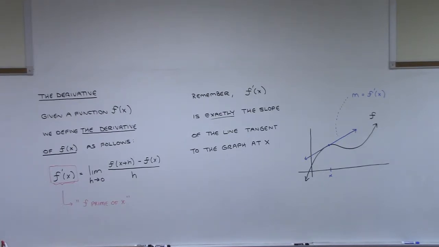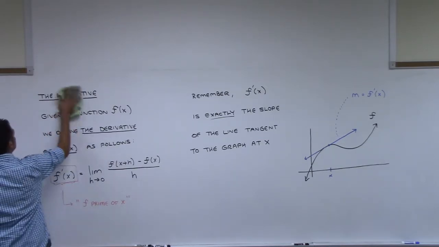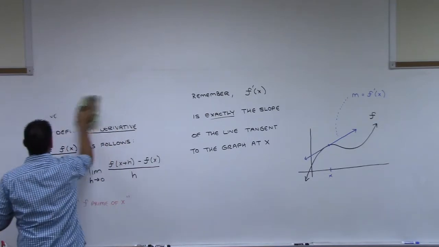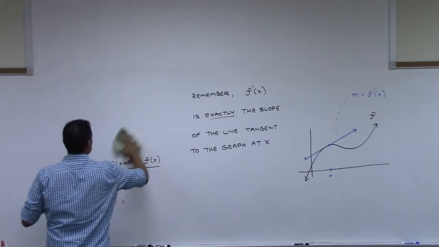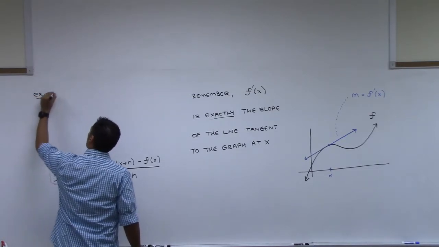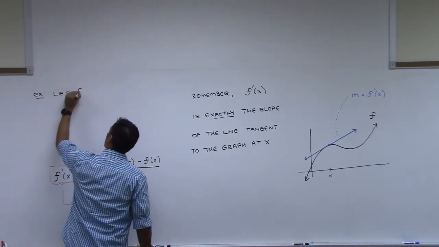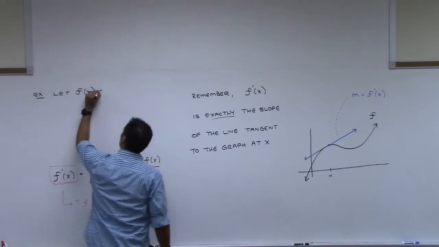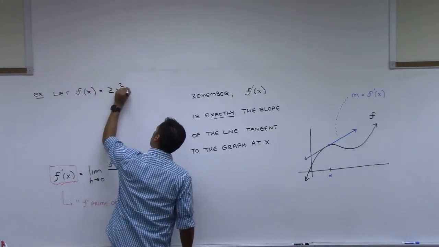All right, I think that's enough time. It's on video if you need to go back and look at this. All right, so here's the first example. Let the function f of x be equal to 2x squared plus 8.